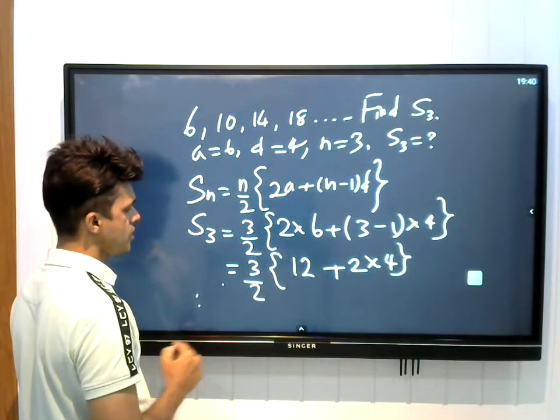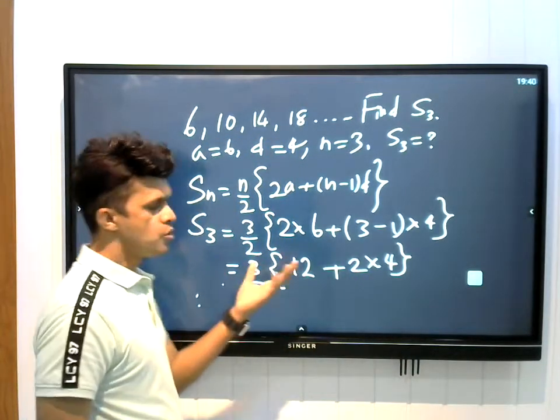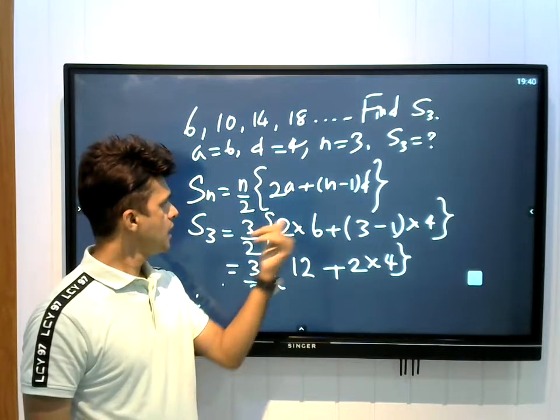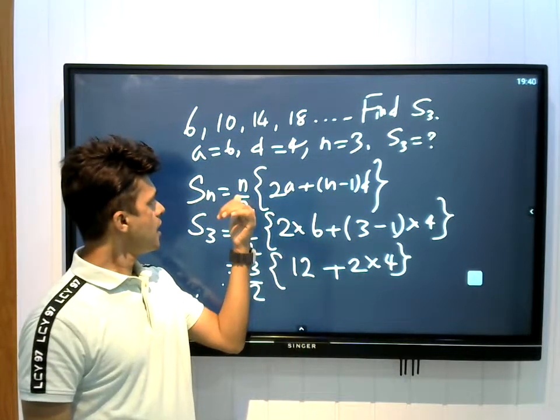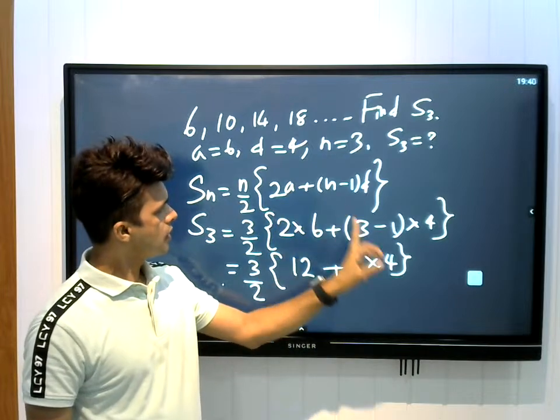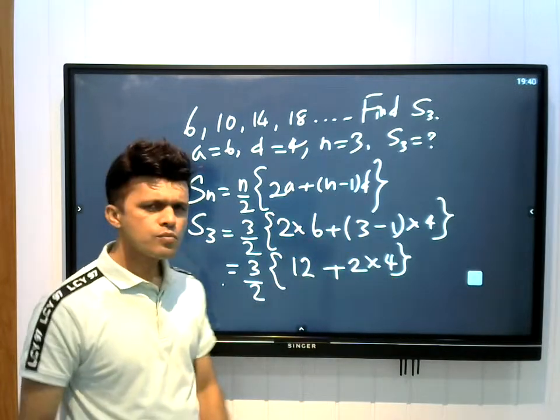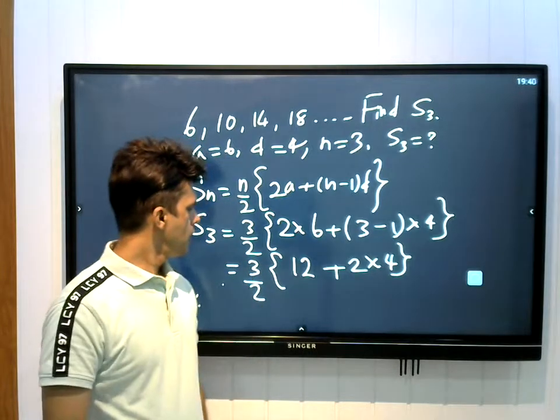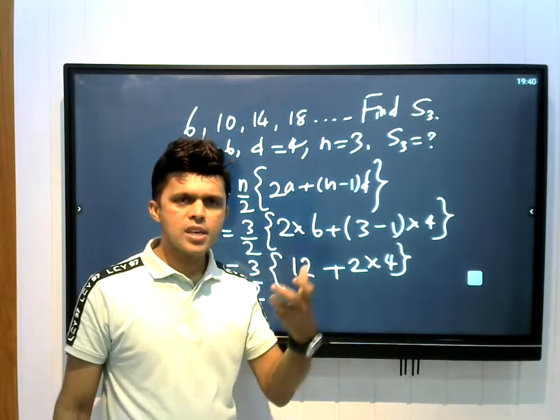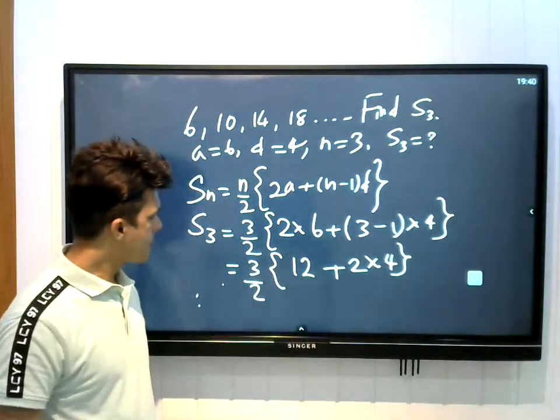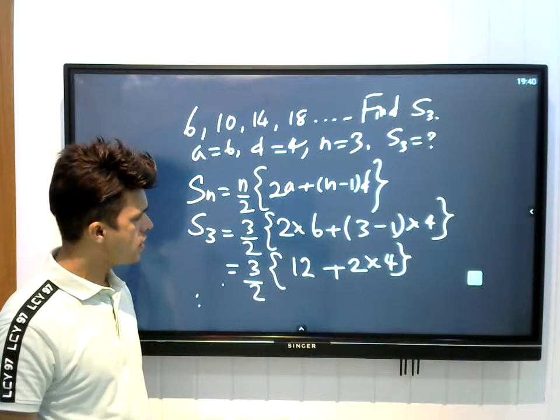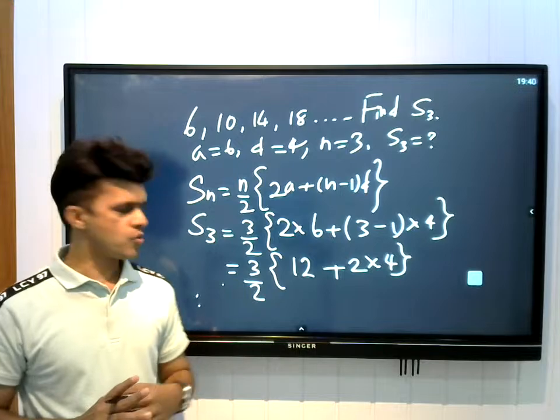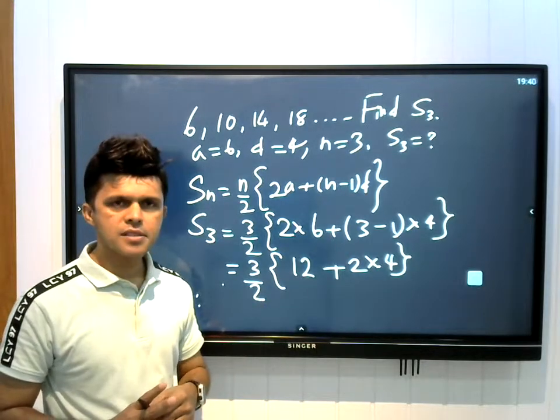We've taken the values a is 6, n is 3, and we know S3 is 30. Let's simplify this expression according to the order of operations.